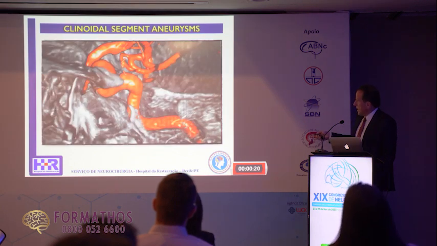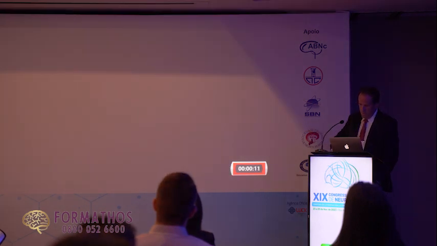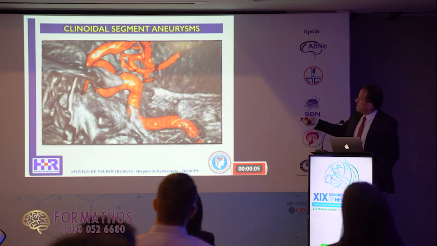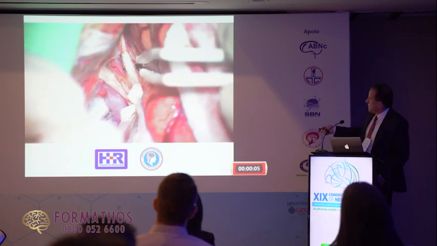This patient was allergic to aspirin, and this is the clinoid process. And you can see the clinoid process, the aneurysm, and then medial is the carotid artery. So that's what we see here. Here's the aneurysm.